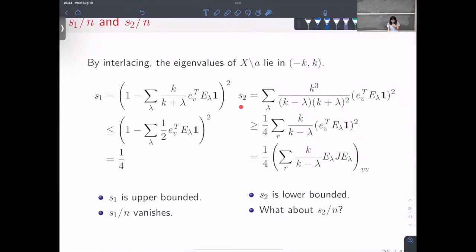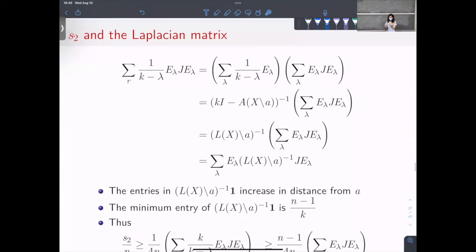What about the second part? Well, it's a bit more complicated, but we can use a similar idea of interlacing to give a lower bound. And it's actually lower bounded by this quantity over here. So now the question is, if I divide the lower bound by n, does it converge to something that's greater than 0? And there's a nice connection between this second term and the Laplacian matrix of the graph.